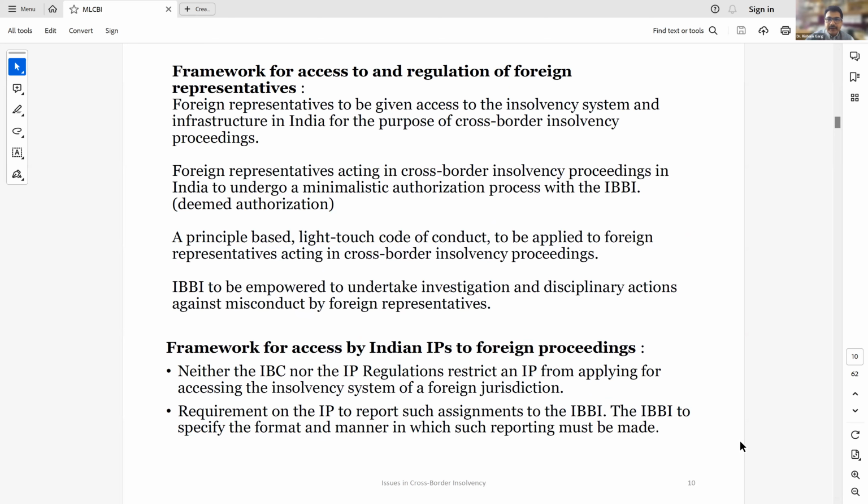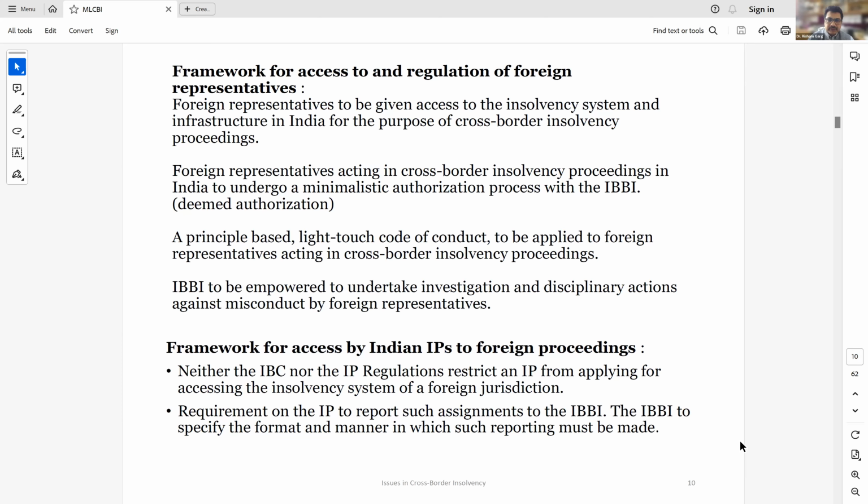Now, the framework for access to and regulation of the foreign representatives. The foreign representatives are to be given access to the insolvency system and infrastructure in India for the purpose of cross-border insolvency proceedings. The foreign representatives acting in cross-border insolvency proceedings in India are to undergo a minimalistic authorization process with the board, which will be considered a deemed authorization.